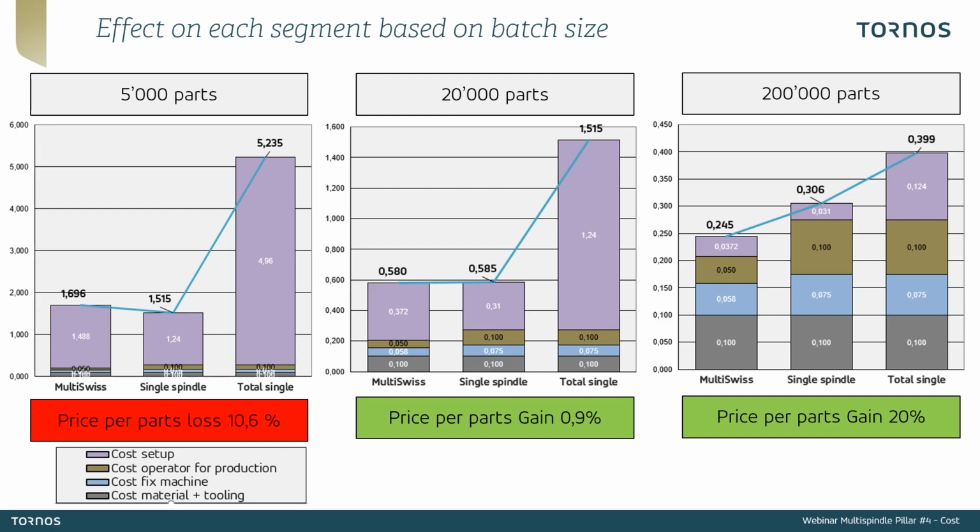The reason is that the cost for material, fixed cost and operator for production are always the same, but you have the setup done multiple times. So this is why it's always more expensive to go with multiple single spindles versus a single spindle solution.